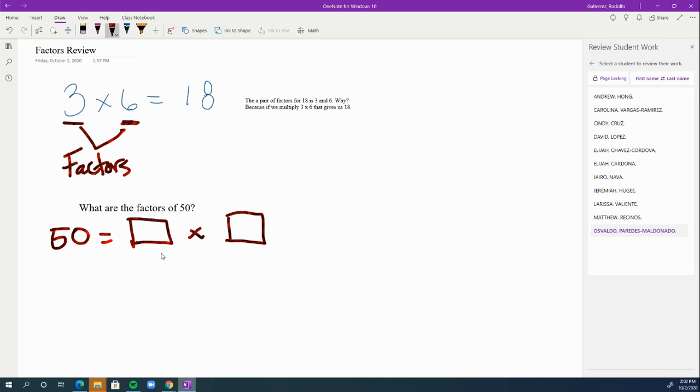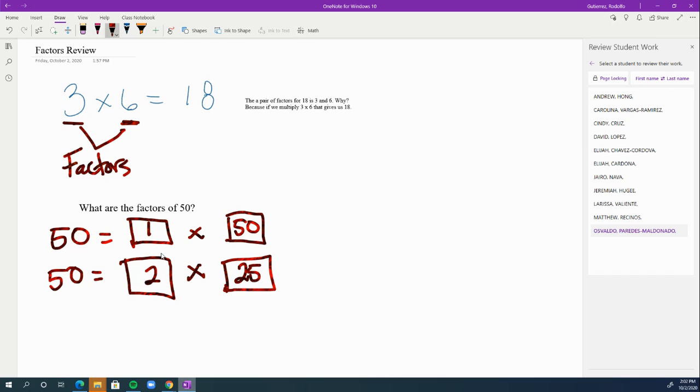Well, the most common is going to be 1 and 50. 50 times 1 gives you 50. So 50 and 1 are factors of 50. Are those the only two numbers? No, because if you analyze the number 50, you can also multiply 2 and 25 together, and that will give you 50 too.